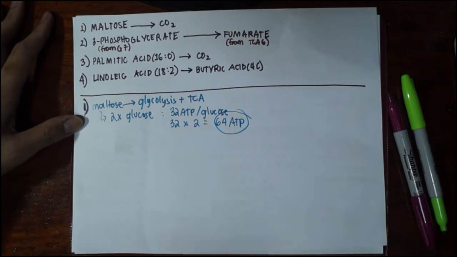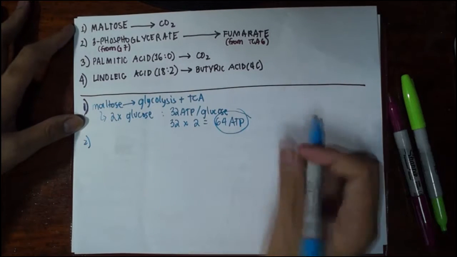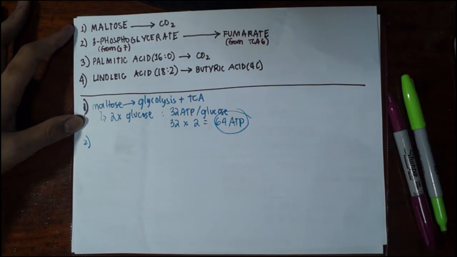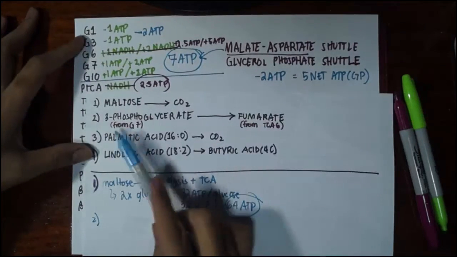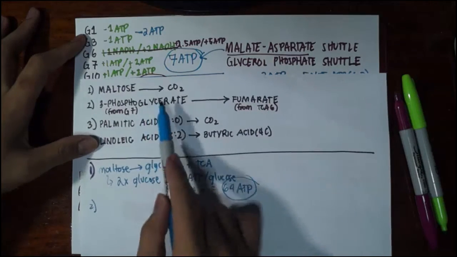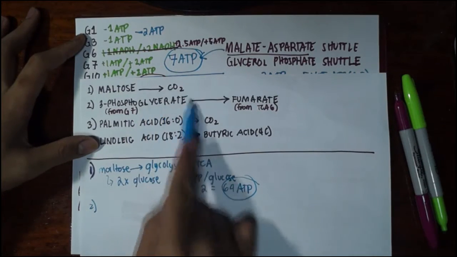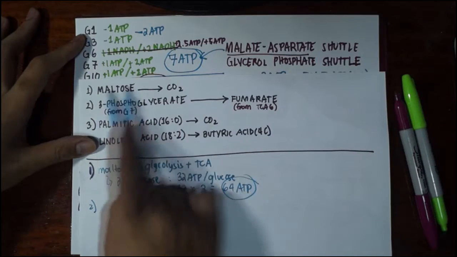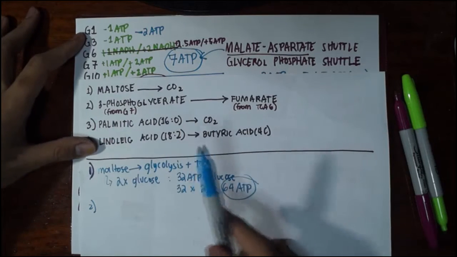It's very simple. Now in number 2, we have 3-phosphoglycerate converted to fumarate. We should be very careful because here we are not assuming that phosphoglycerate is 2 moles. Only 1 mole of 3-phosphoglycerate is being asked for here.